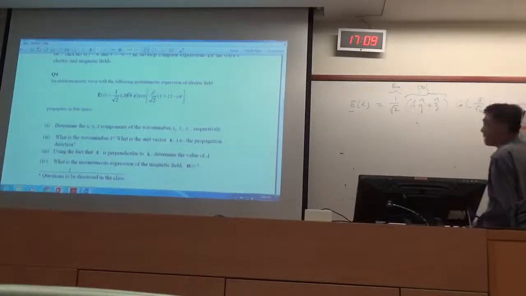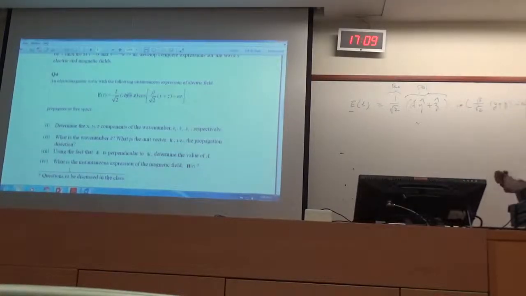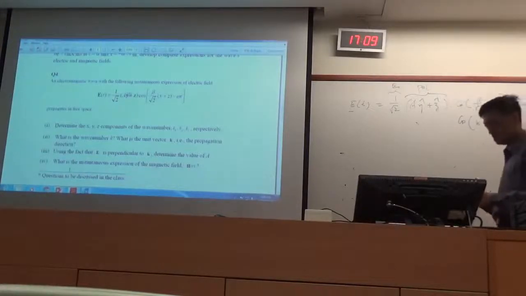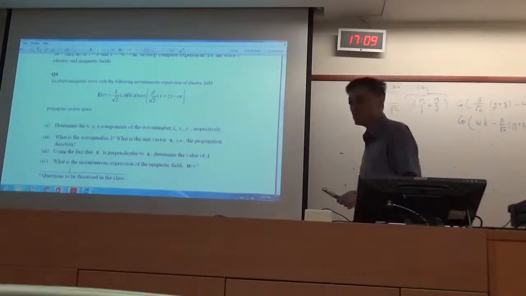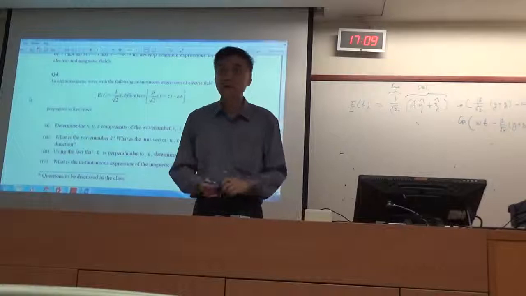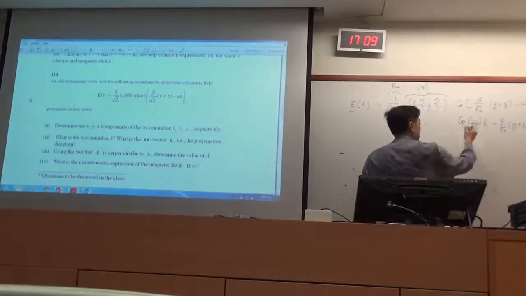And since omega t is minus, we use cosine theta equals cosine minus theta. We change it back to omega t minus beta over square root 2 (y plus z). Remember, omega t must be plus.